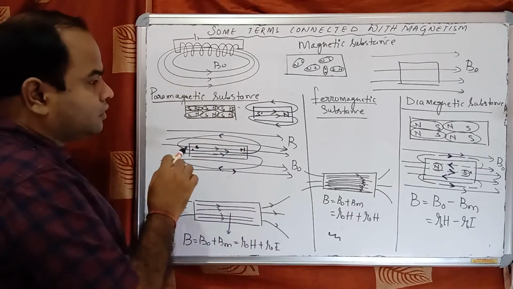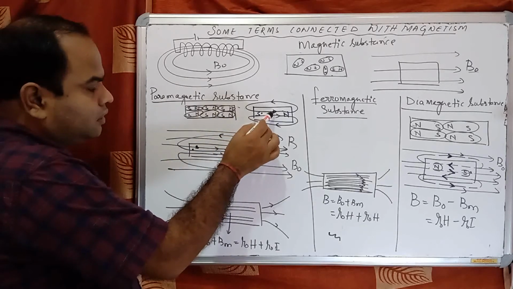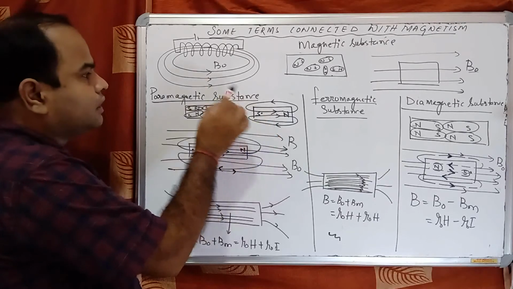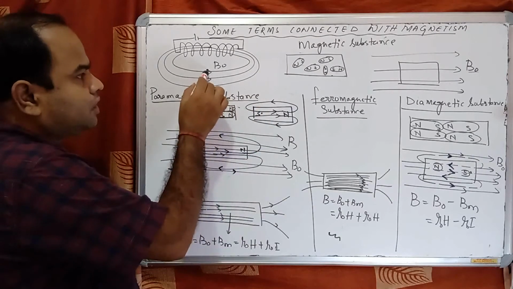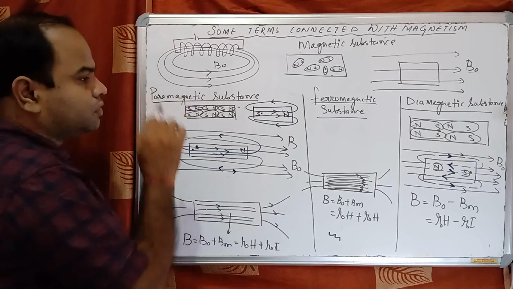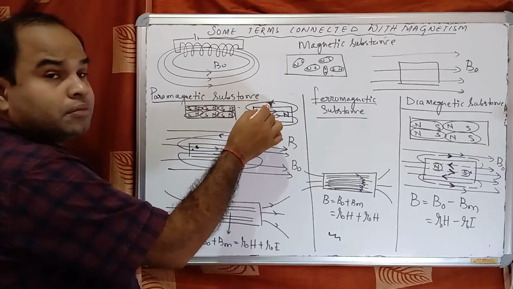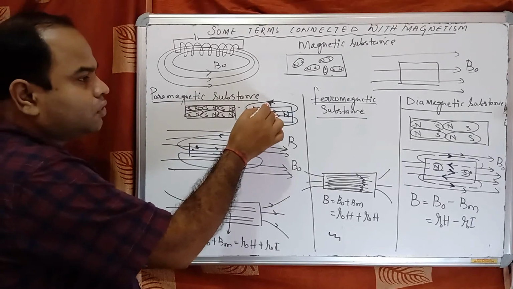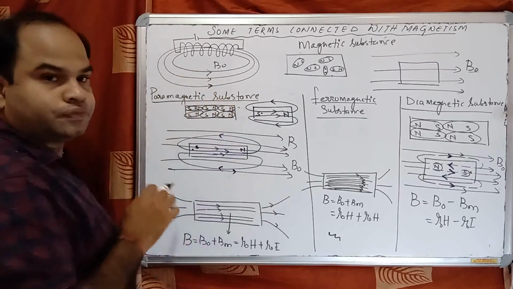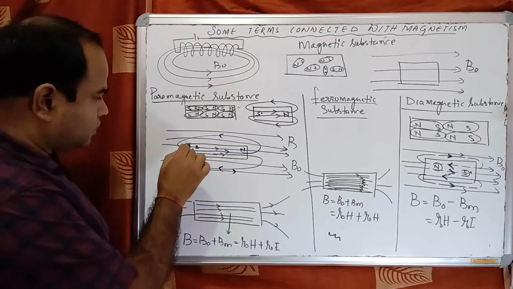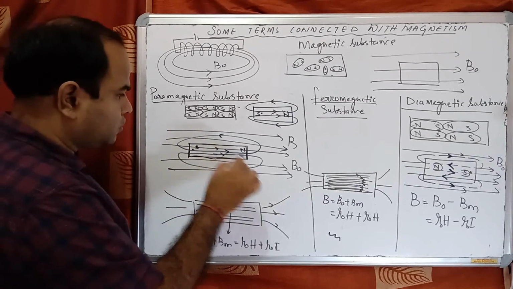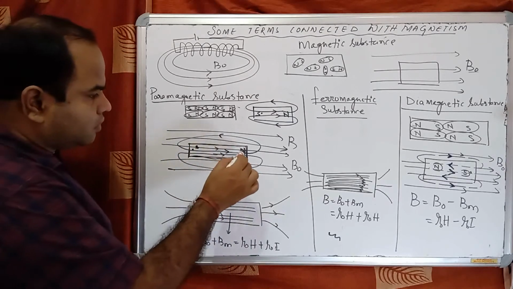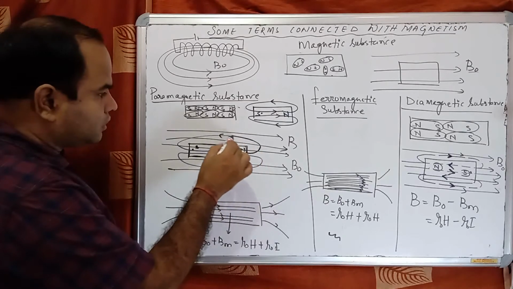If you see, inside the magnetic substance the induced magnetic field direction is the same as the external magnetic field direction, but outside, the induced magnetic field direction is opposite to the external magnetic field direction. This is the paramagnetic substance. The magnetic field goes from south to north, like this.